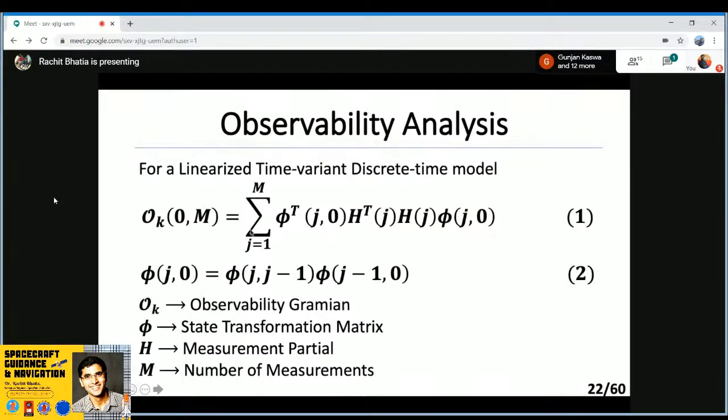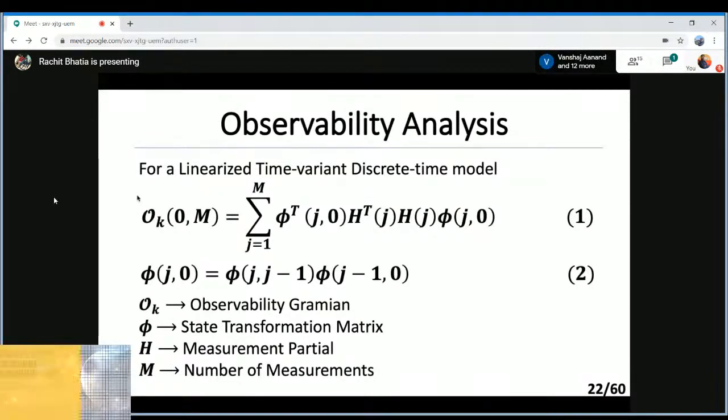There are different forms for this problem, and it can be categorized as a linearized time variant model, so we are using this form. When I say Gramian, it is just a mathematical term for this matrix. If the observability Gramian is full rank, then you know that your system is observable and you can estimate all the states from the given measurements.